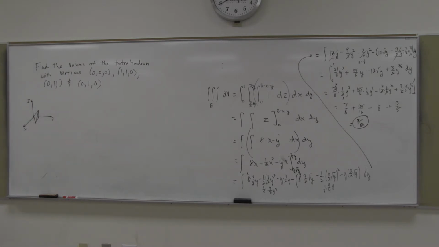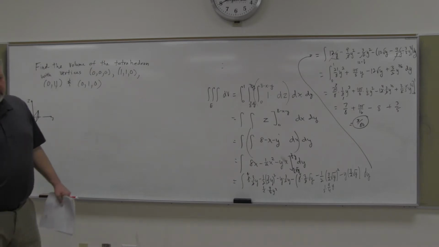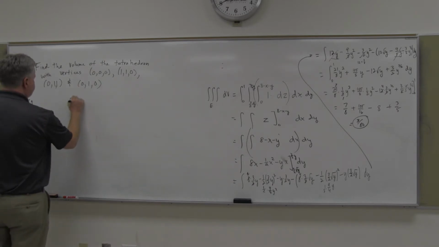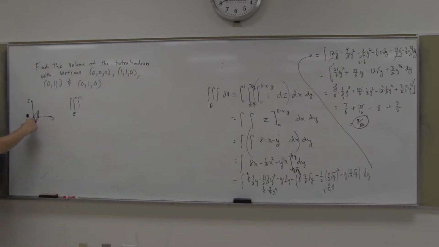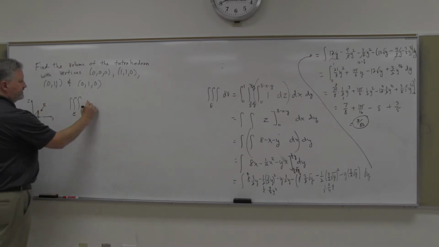All right. So how do we do this? Well, kind of like the one we just did. If I do the triple integral, this is kind of my region E right here. We'll call it dV.